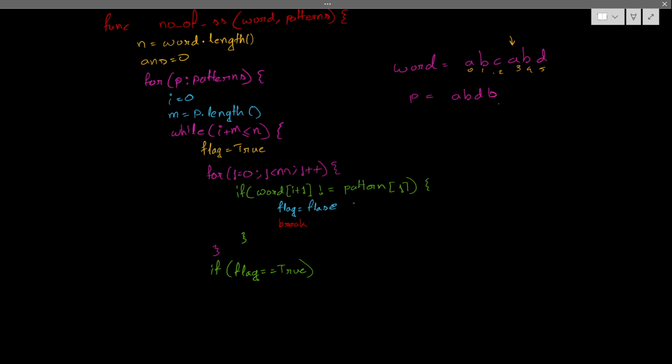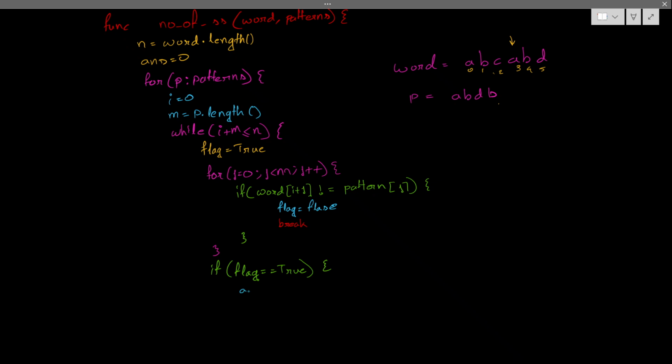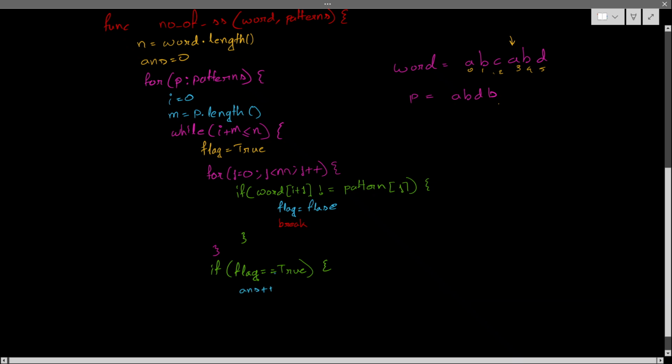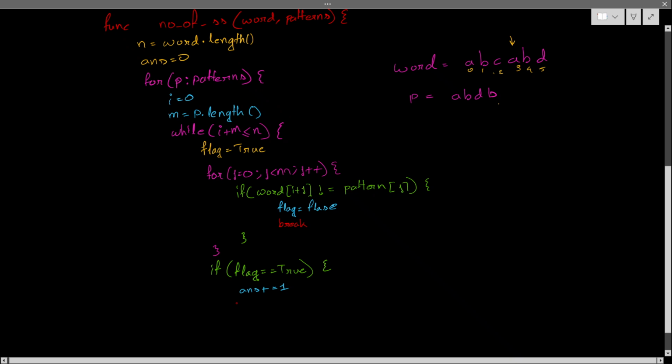Whenever the pattern matches, the flag will never fall. So we can increase my answer: answer plus equals 1, and break this middle loop, because if the flag becomes false then I continue checking the next index, but even if it becomes true, why check the next index? So we simply break. Otherwise, I simply do i plus equals 1 and check for the next index.